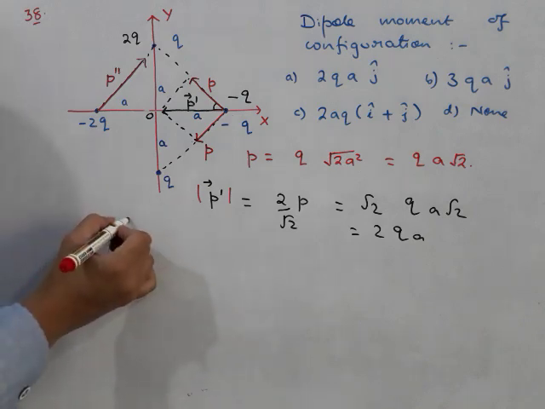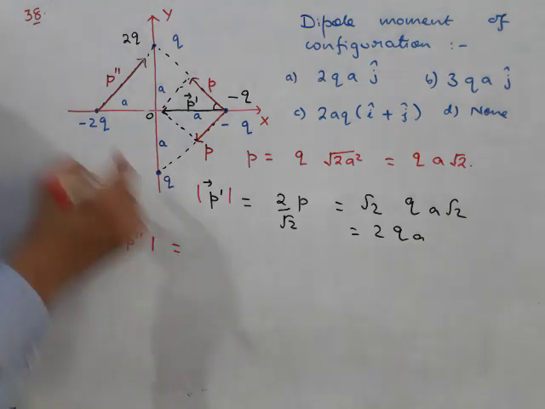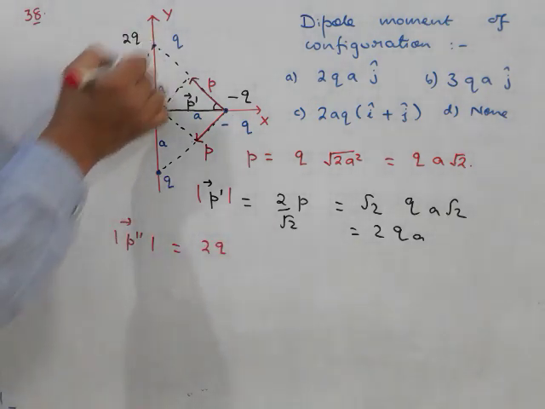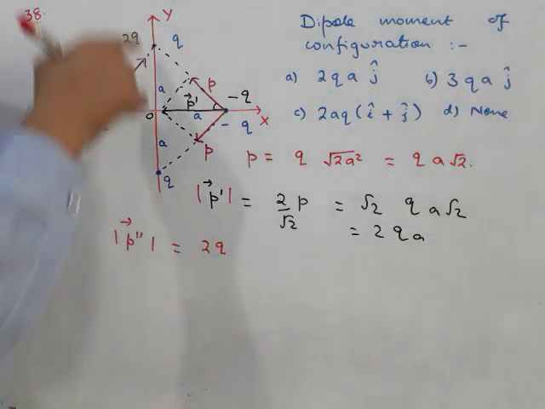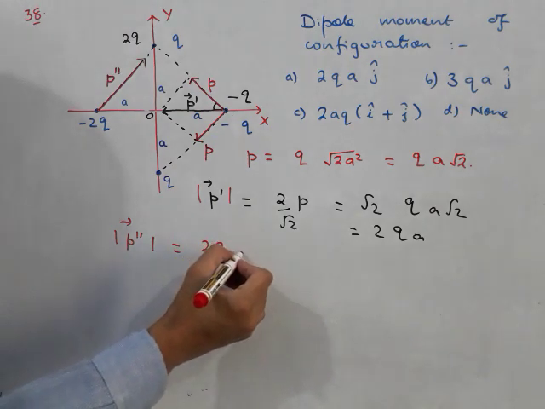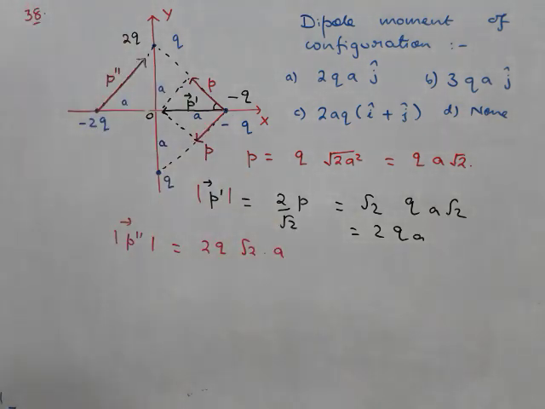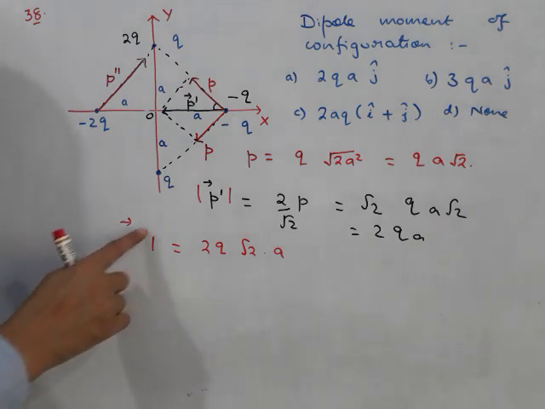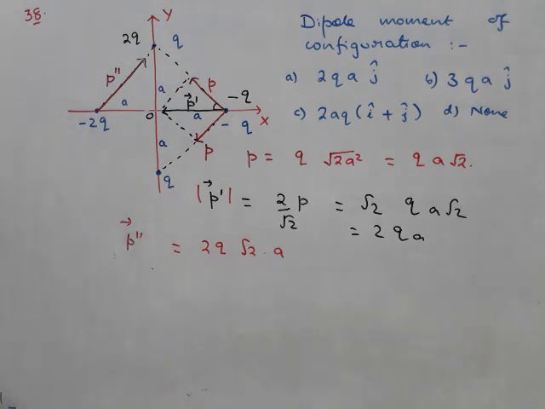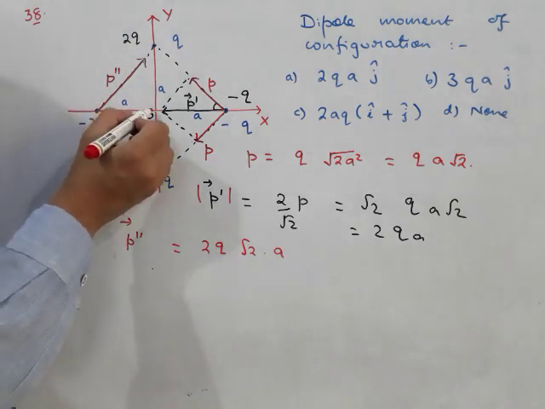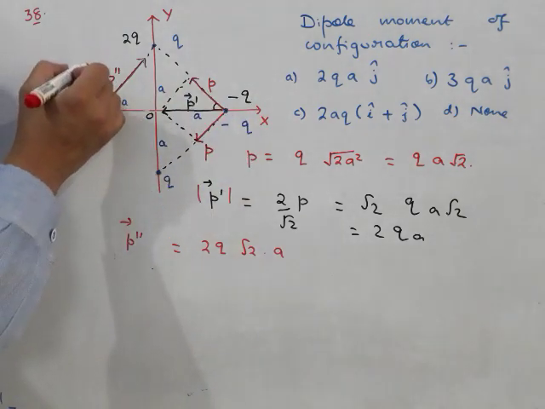Likewise, P double dash vector, its magnitude will be how much? Either of the charge magnitude, that is 2q, into distance between them. So this is root under a square plus a square. We have already seen that is root 2 times a. Now if you wish to write in vector form, then this will have two components, one like so along x-axis, other one like so along y-axis.